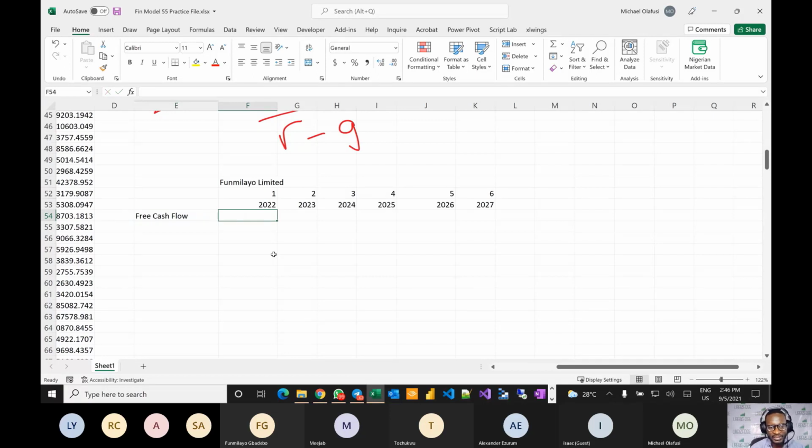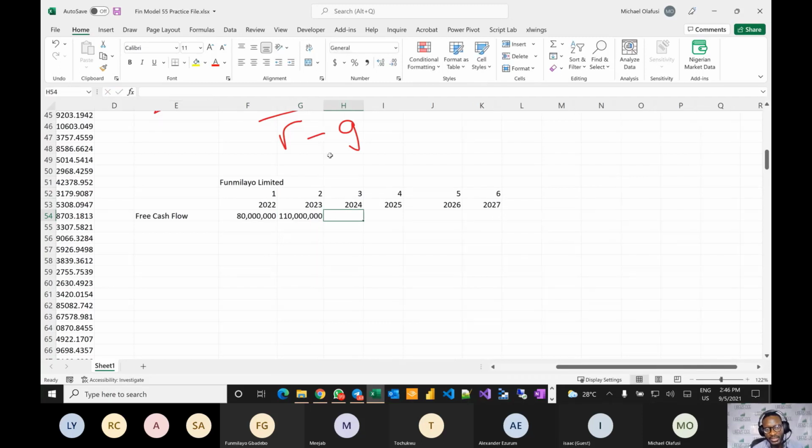So in year 2022, your business is going to generate 80 million cash. Year after, it's going to generate maybe 110 million. In the year after, maybe you have to do some expansion. So you're going to spend on building your factory, so you have to dip into the cash flow for that.